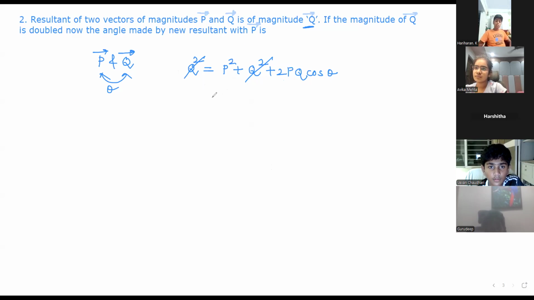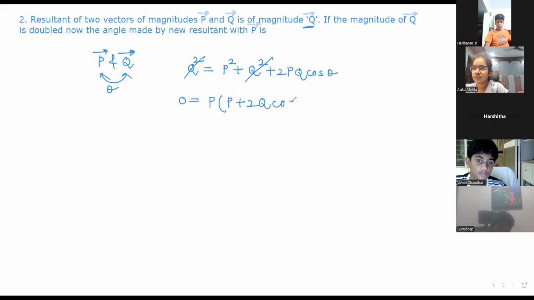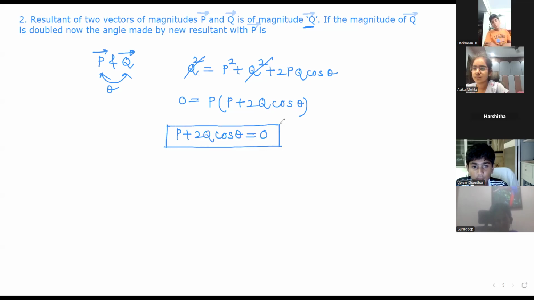I didn't cancel this entire thing, I only canceled the Q square on both sides. So 0 is equal to P into P plus 2Q cos theta. Vivaan Chaudhary, did you understand? So P plus 2Q cos theta is equal to 0. All of you understood or not? Yes, sir.